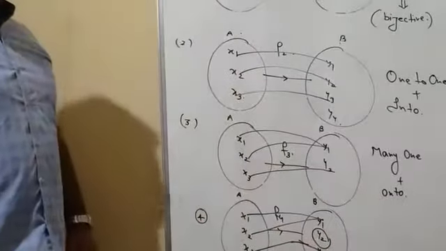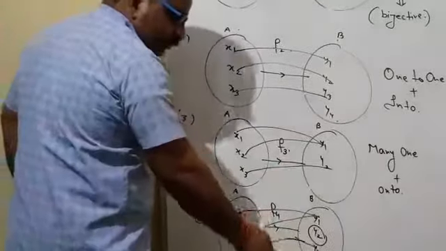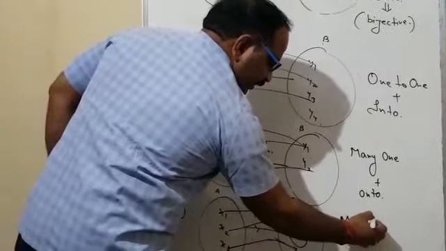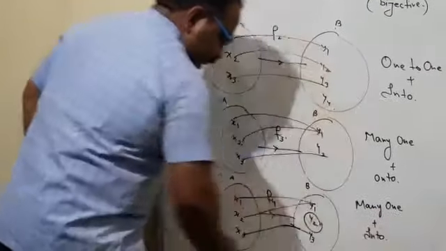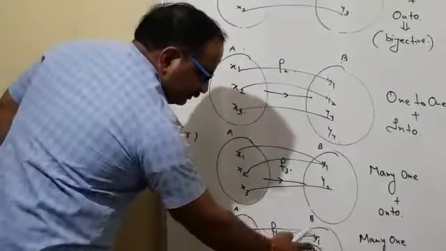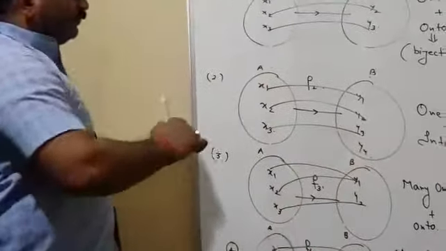It is not onto. So I can say it is many-one plus into. Two elements connect with the same element, so it is many-one, and this element has no pre-image, which means it is into. So these are the four categories we have.